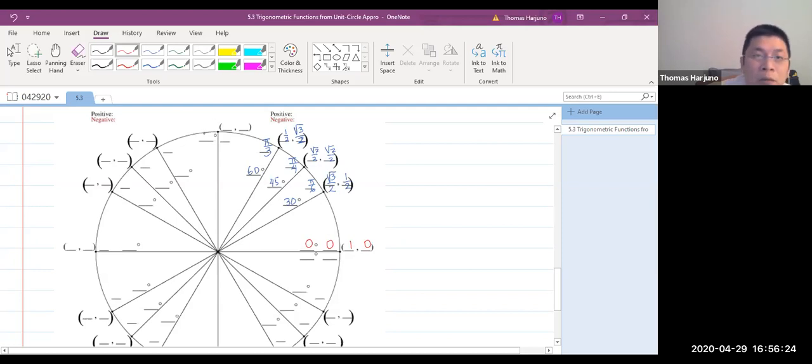For 90 degrees or pi over 2 in radians, the coordinate on the unit circle is (0, 1). That tells us that cosine 90 degrees is 0, sine 90 degrees is 1.